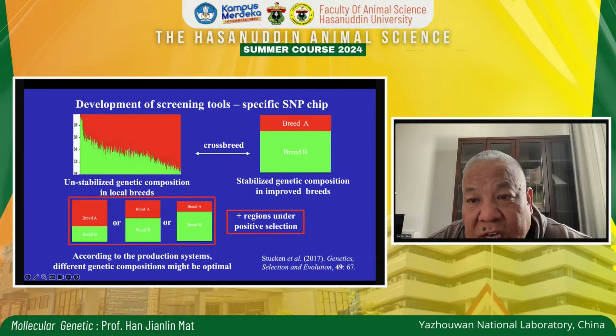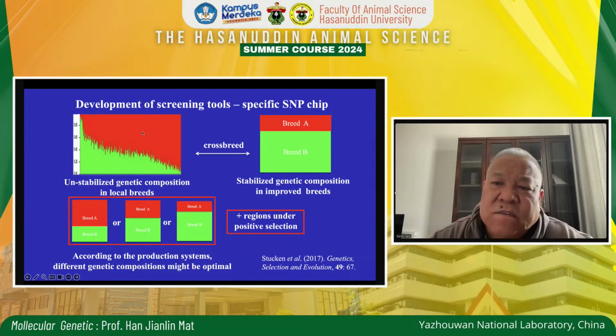Most likely, the Bali cattle today have a genomic background like this. Some animals may have stable genetics, while they may maintain the Banteng genomics also.